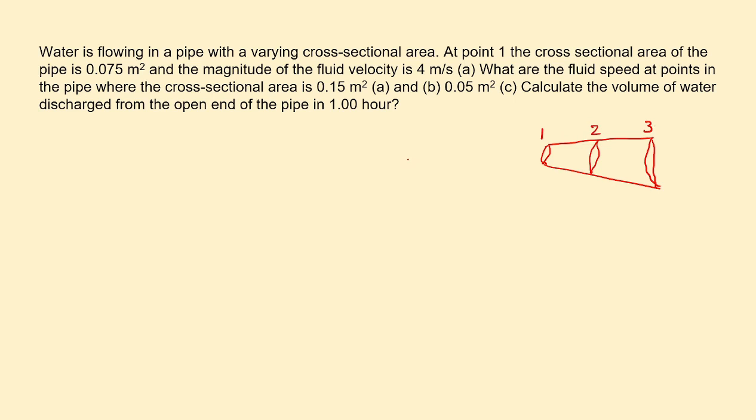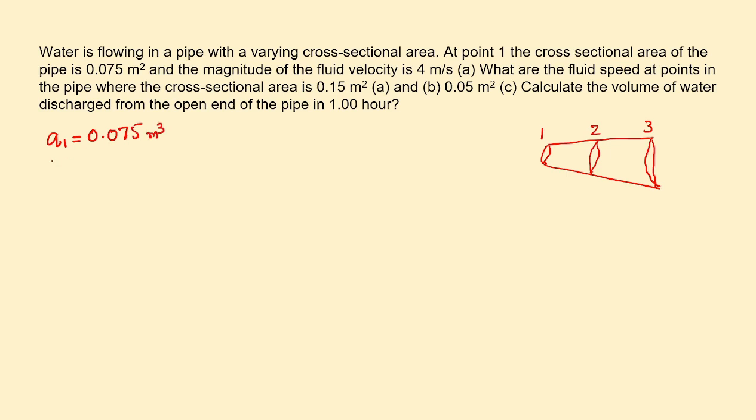Okay. Here we have a non-uniform cross-sectional area pipe, and at point 1 we are given the cross-sectional area and the fluid velocity. So let us write: at point 1, A1 is equal to 0.075 meter square.